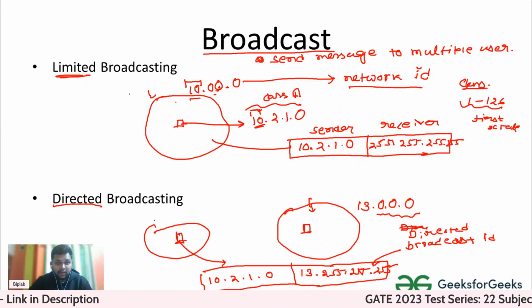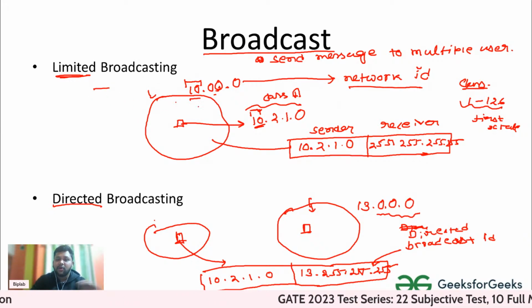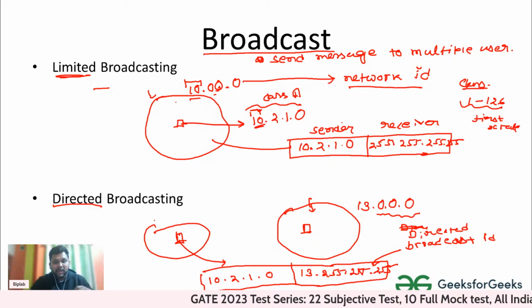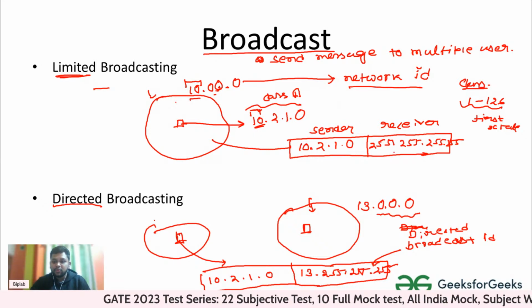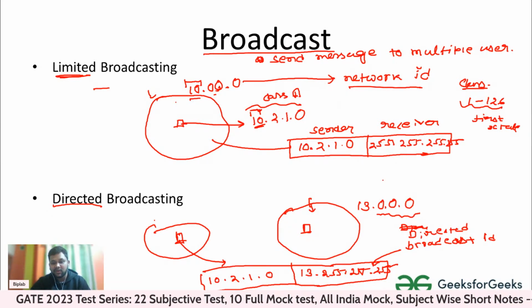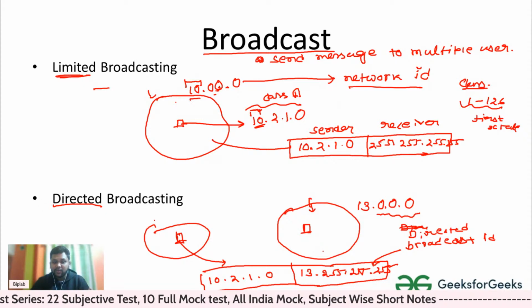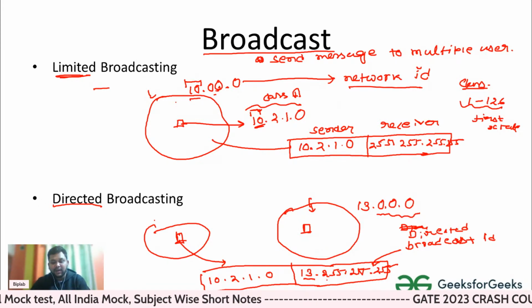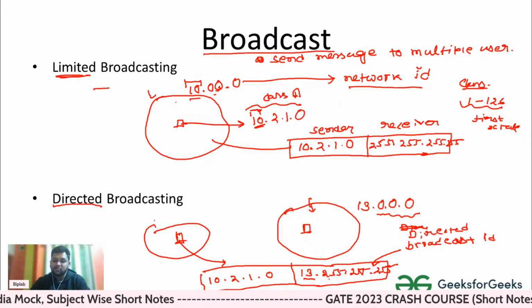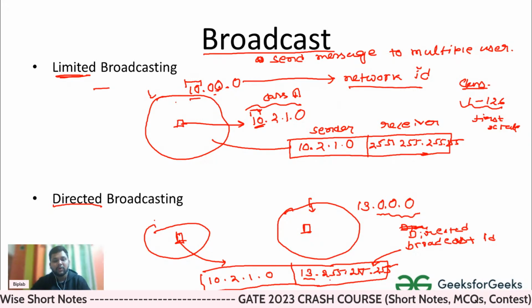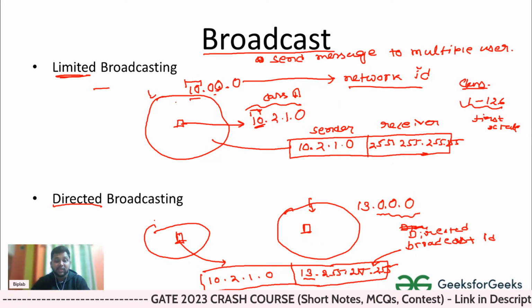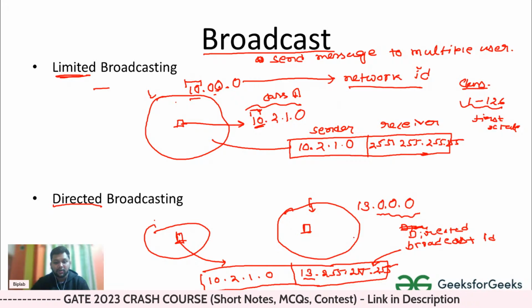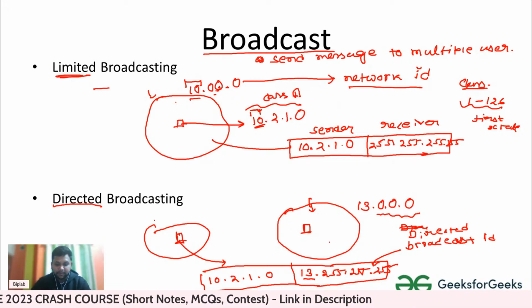Limited broadcast ID is always fixed. If you want to share within your network, you just put this IP address. This is always fixed. But for directed broadcasting, you have to use the network ID, and after that you make all host bits ones. So you will have your directed broadcast ID. It will change from network to network.